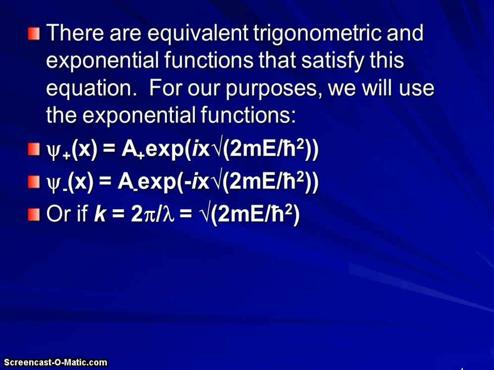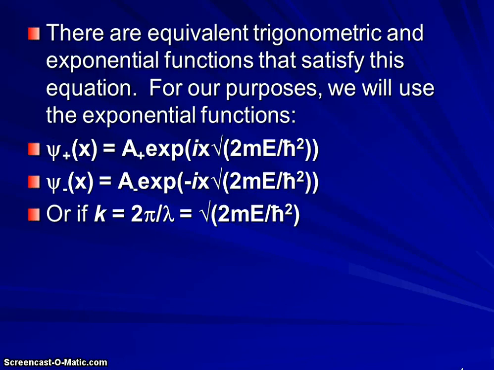Now what we can do to make our math a little bit easier is devise a constant that we call k, and we've used this constant before. k is 2 pi over lambda. But you can go through and try this on your own. If you wind up not being able to reach a point where you trust me or believe me on this, use de Broglie's equation that relates wavelength to momentum and h, and convert h to h bar with the proper 2 pi's, and you will be able to derive this expression that says that k, 2 pi over lambda, is also the entire term that's under this square root.